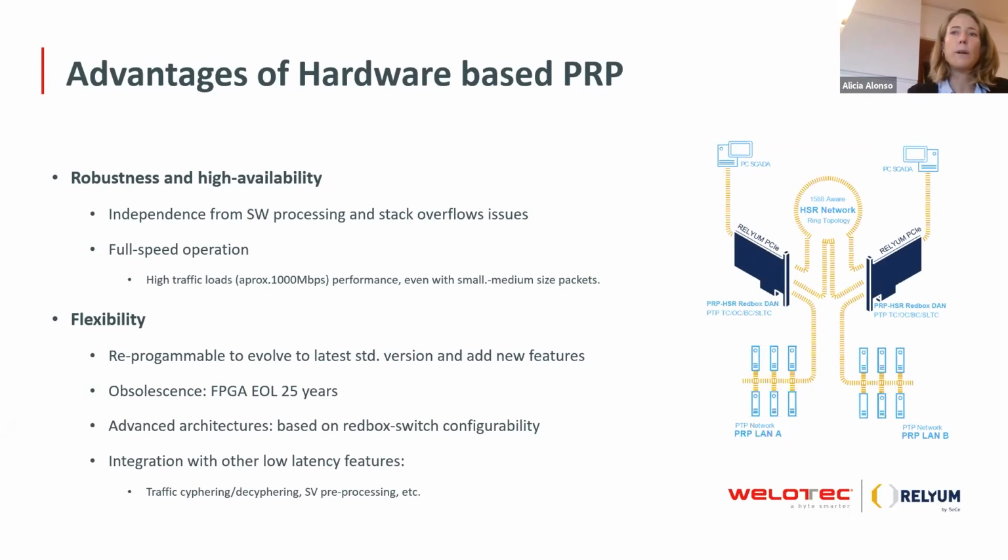Those kinds of complex architectures can be performed with devices that are using a hardware PRP implementation. And finally, once you have the FPGA, you can add other functionalities in the same chip, like, for example, doing wire speed ciphering and deciphering, sample value preprocessing, and any other low latency application that can be implemented in an FPGA chip.